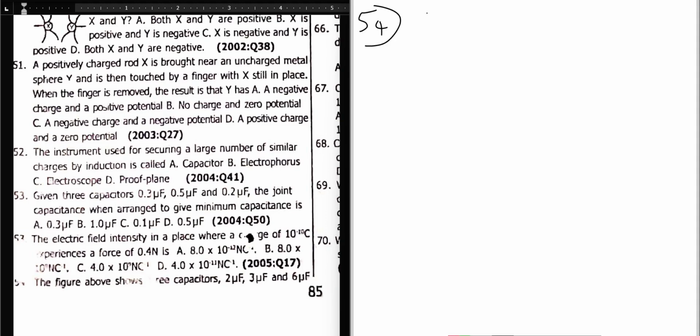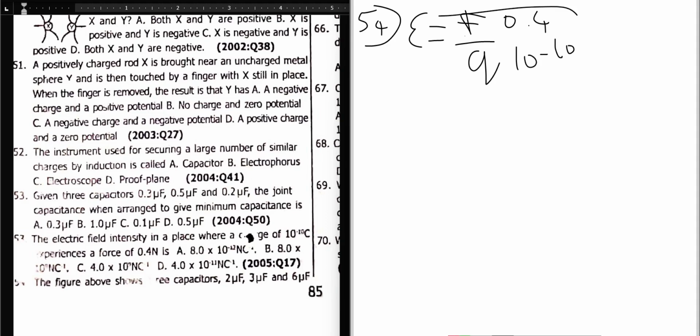So we're looking for E, and E is equal to F over Q, that's force over charge. The force is 0.4, and the charge is 10 raised to the power minus 10.